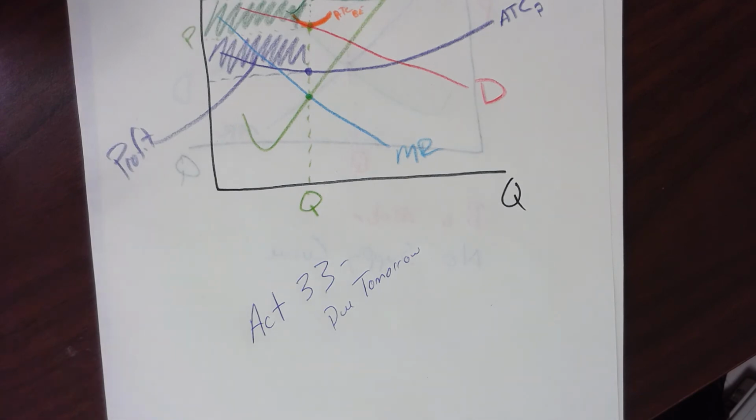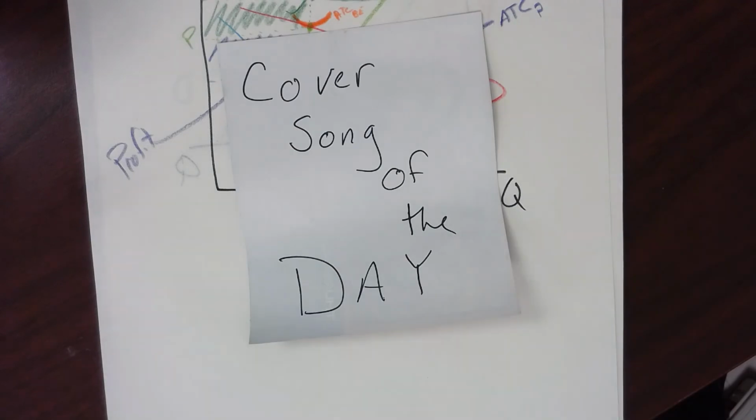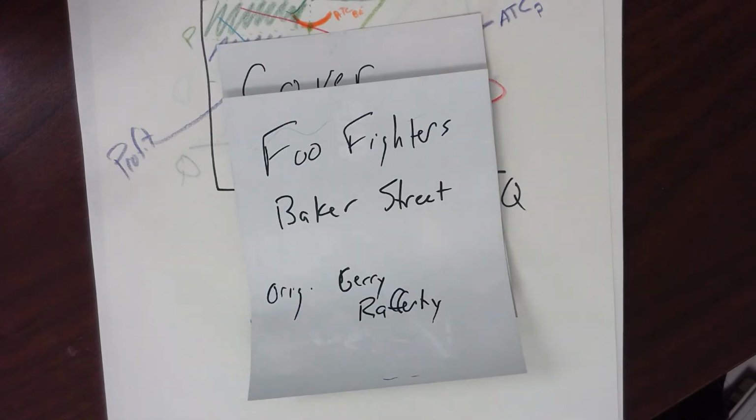So, to end today with our usual ending segment, we have our cover song of the day. This is from one of my favorite bands, the Foo Fighters. They did a cover of the song Baker Street, originally done by Gerry Rafferty. You guys might know this song.